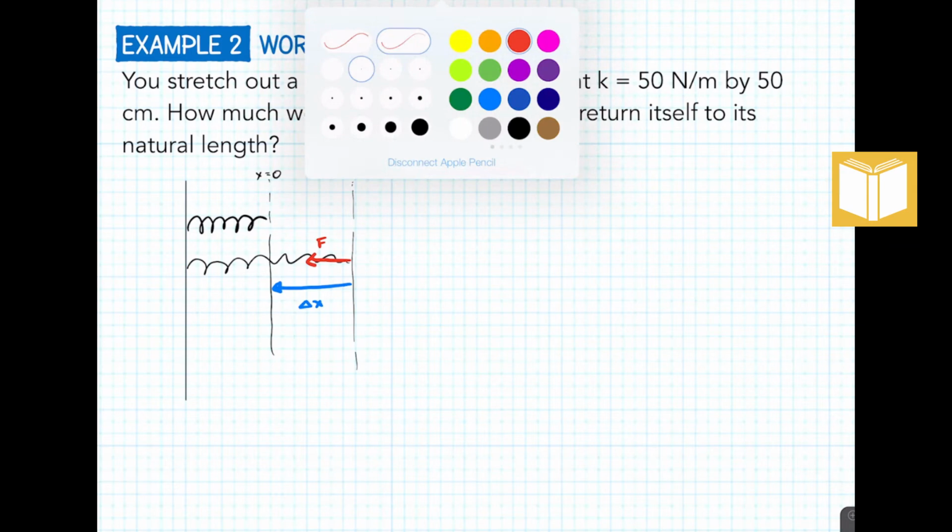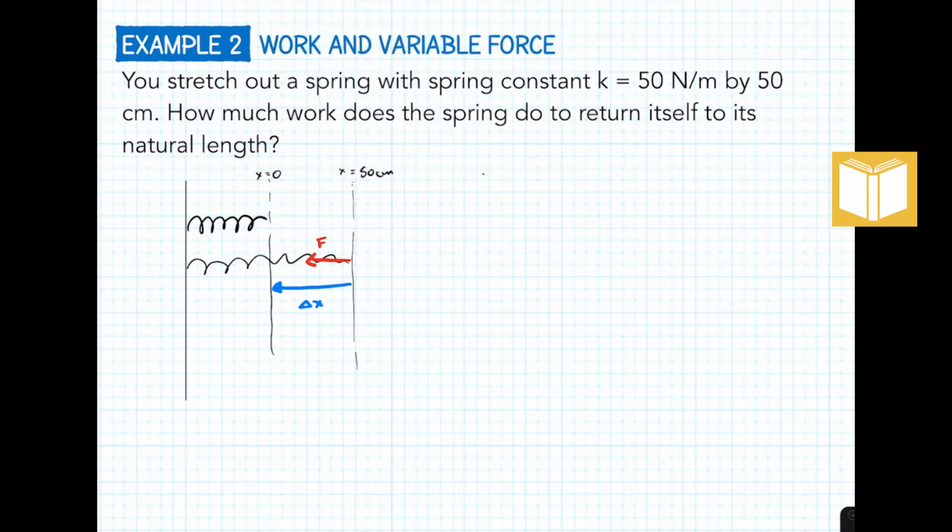So we want to look at our definition of work. The full definition of work is going to look something like this: F dot dr from r initial to r final. This is our definition of work. In this case, what is our force?